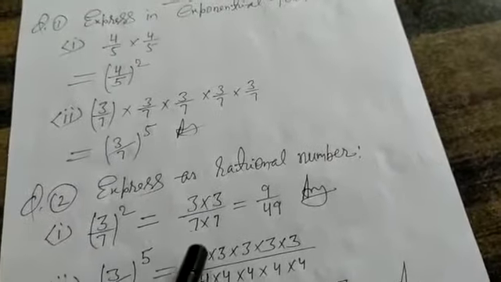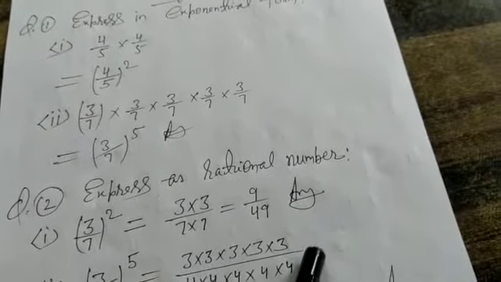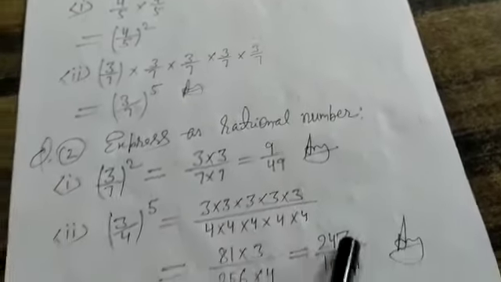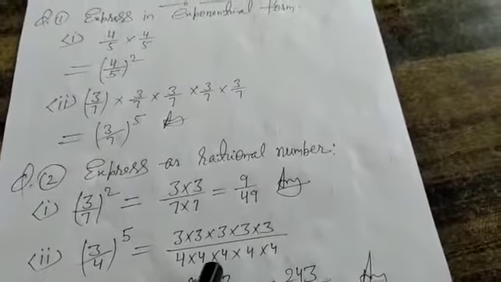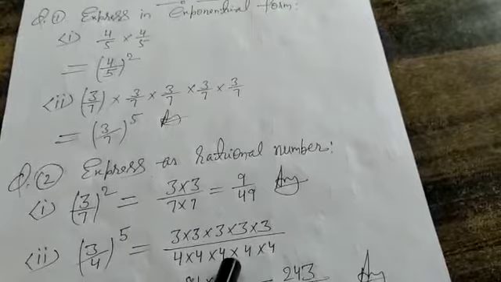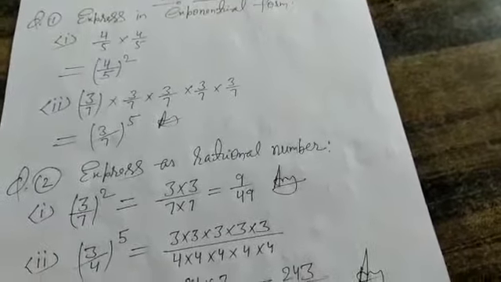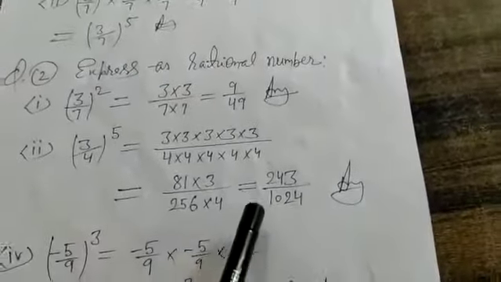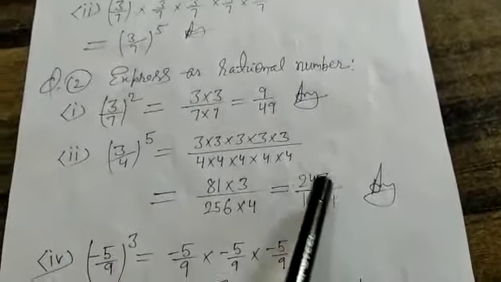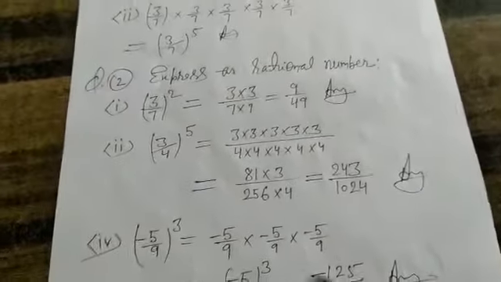Now multiply. 3 3s are 9, 9 3s are 27, 27 3s are 81 and 81 3s are 243. Similarly, 4 4s are 16, 16 4s are 64, 64 4s are 256, and 256 into 4 is 1024. So 243 by 1024 is the right answer.